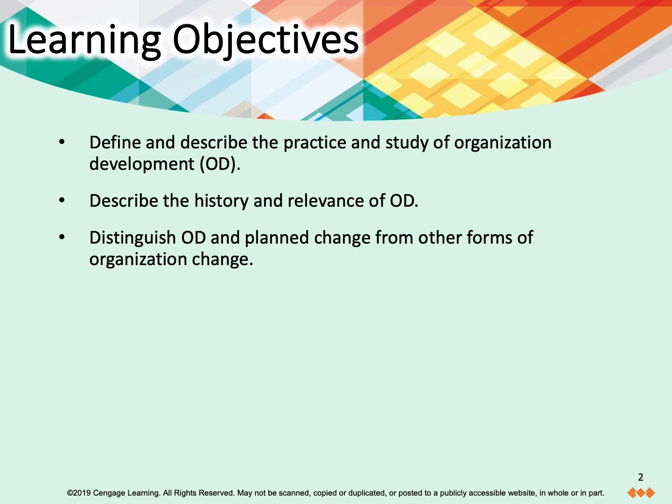So the learning objectives for this chapter are defining and describing the practice and study of organization development, then describing the history and the relevance of organization development, and finally distinguishing organization development and planned change from other forms of organization change.